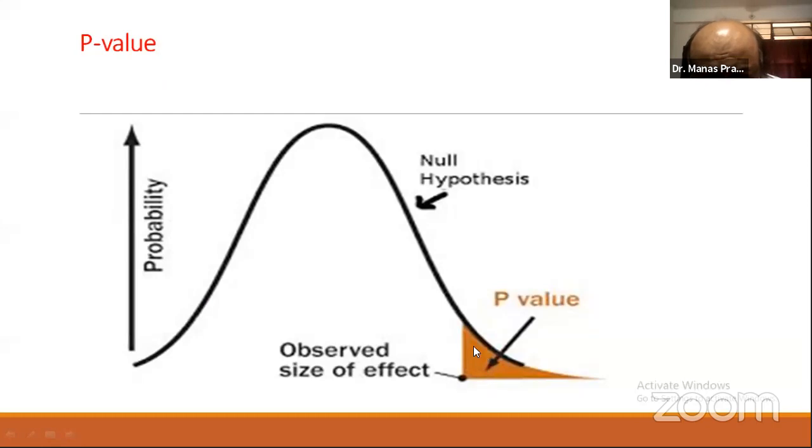If it falls in this side, then the null hypothesis will be rejected, and otherwise the null hypothesis is accepted. This area is called the critical region. If our t-value, the test statistic value, falls in this portion, then we reject the null hypothesis. If it falls in the white side, then we accept the null hypothesis.